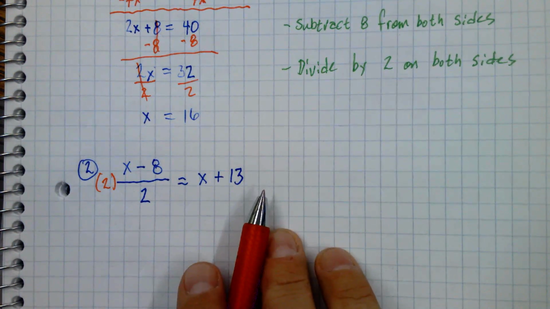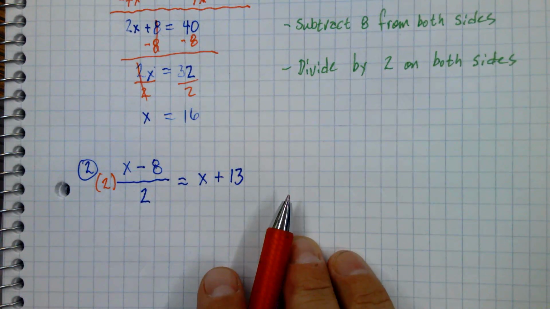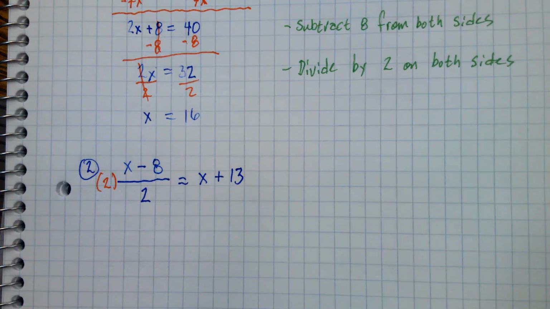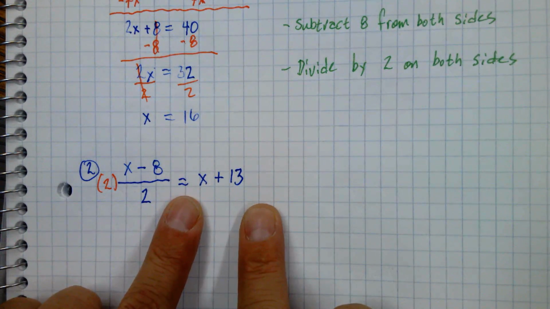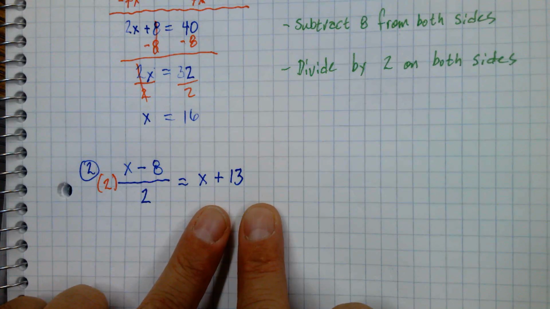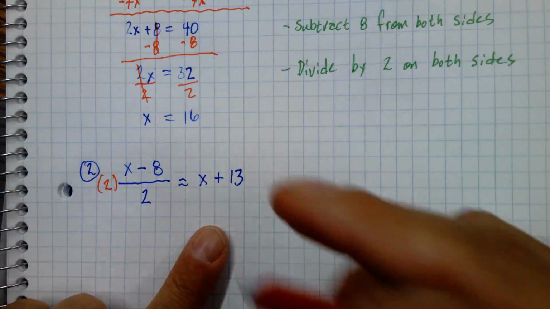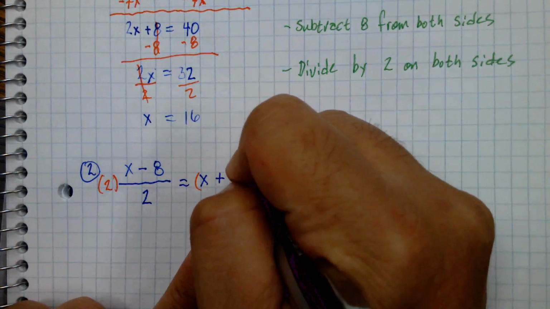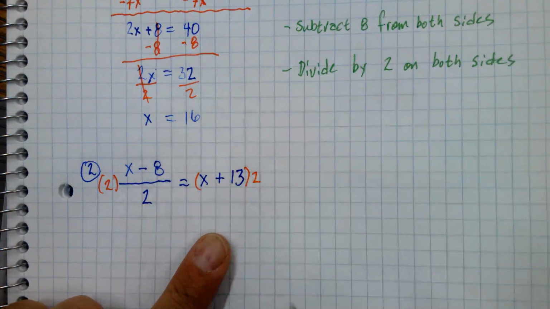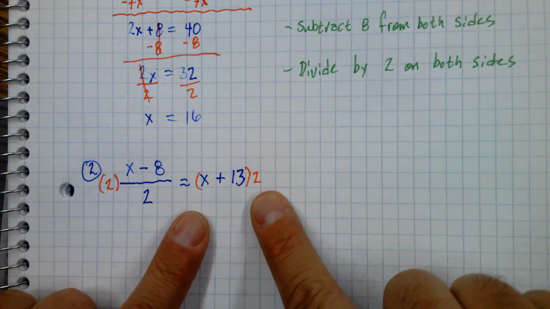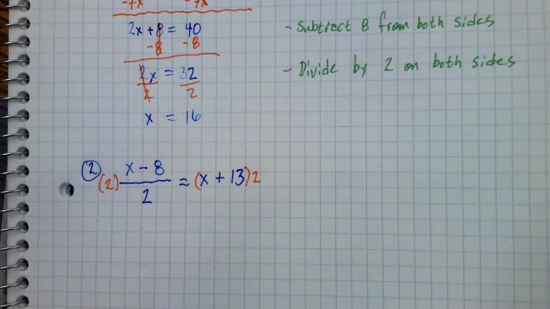Now I got another issue though. On the right hand side I got to multiply by 2, right? But what gets multiplied by 2 on the right? Just the 13 and the x. So you know how we handle that? Well, use parentheses. Because the parentheses is telling me multiply 2 with both of them, right?